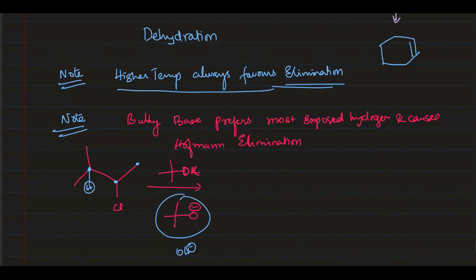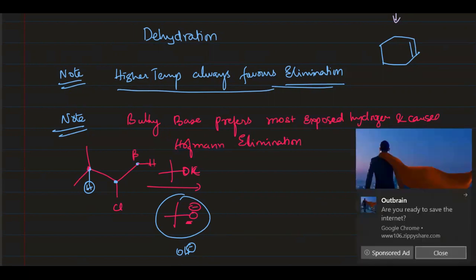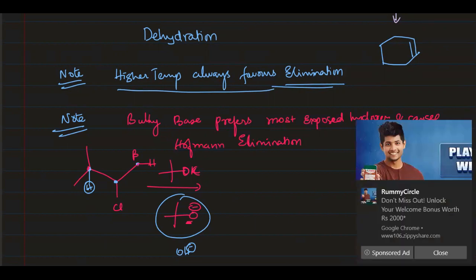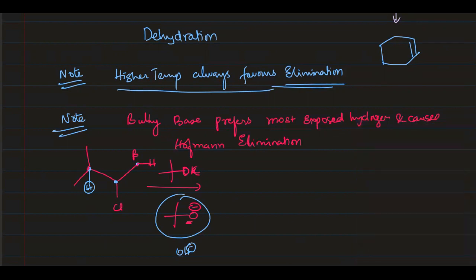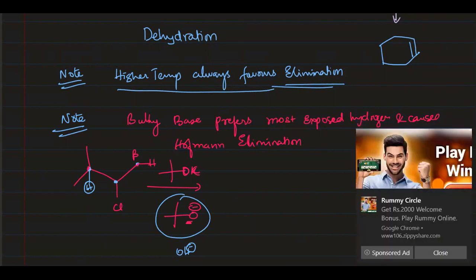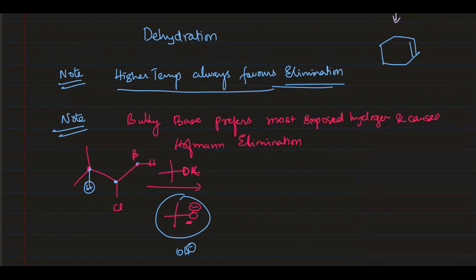But now this particular bulky base cannot actually approach this carbon. So it will remove hydrogen from the most exposed beta carbon. The most exposed beta carbon is this one. So the hydrogen attached to that will be removed by this bulky base.